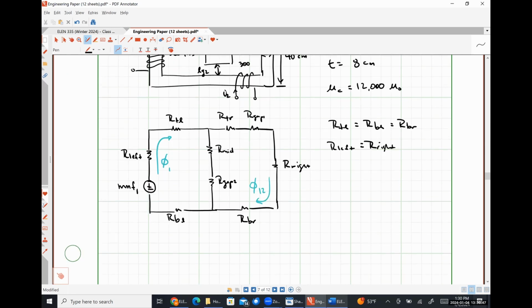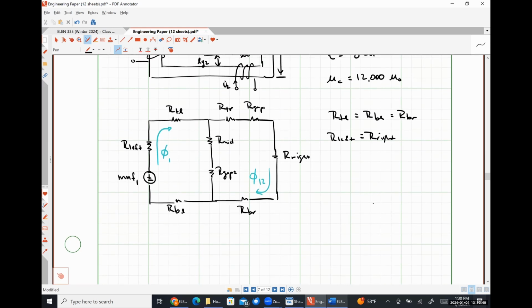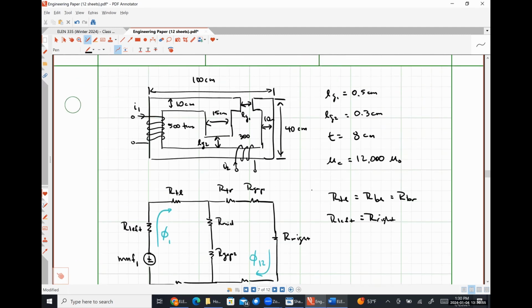All right, so for the top left, the length is going to be this length right here.